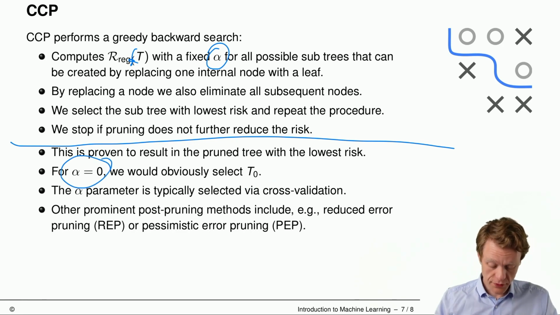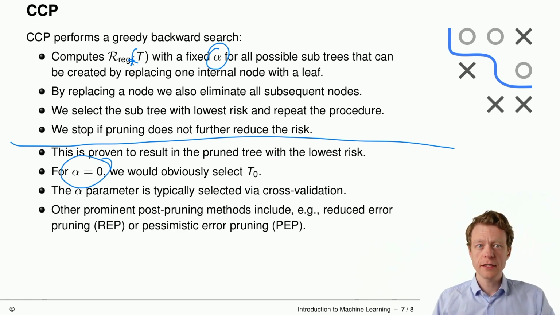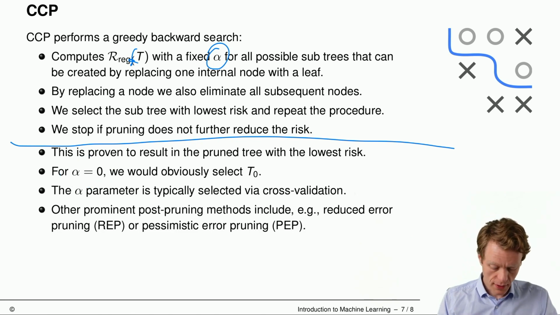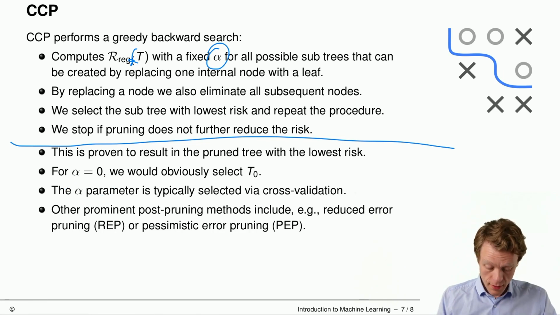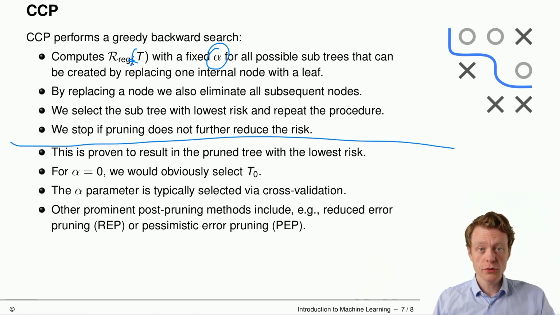If we set alpha to 0, then we would obviously select T0 because the risk will not get better by cutting away any branches, but the regularized risk might. And then alpha, which is a hyperparameter, is typically selected via cross-validation, but of course you could also use other resampling strategies. Other post-pruning methods include the reduced error pruning or the pessimistic error pruning.